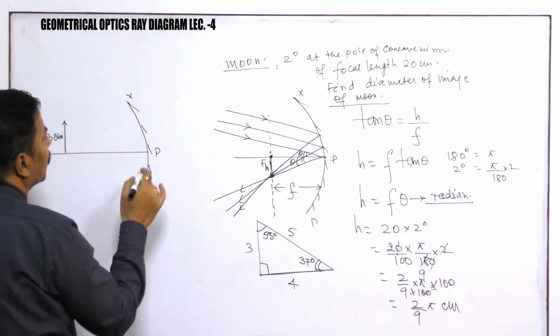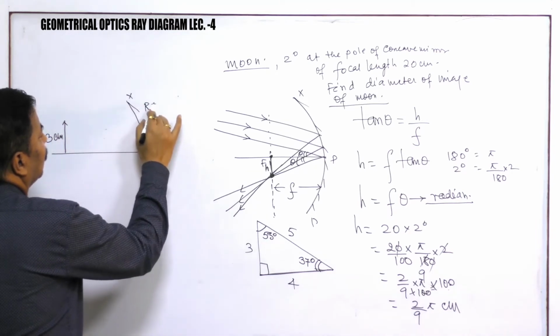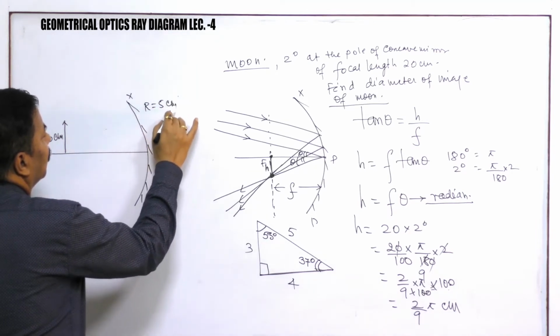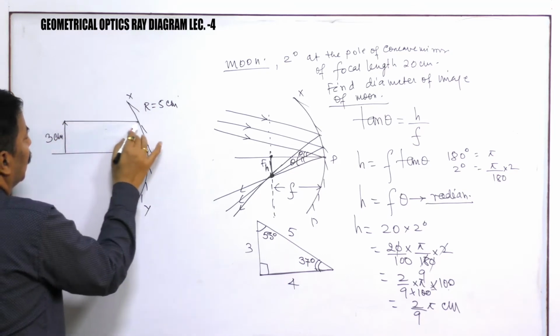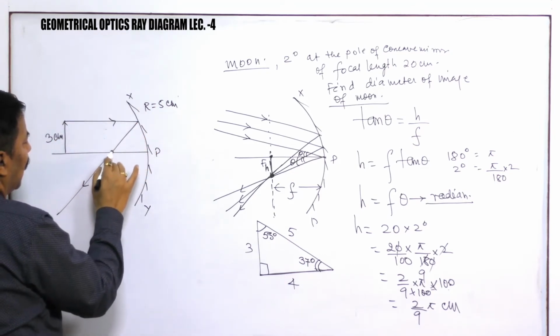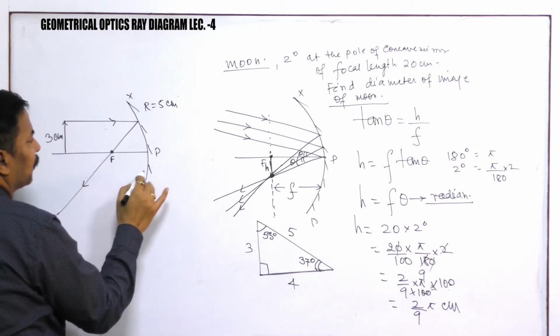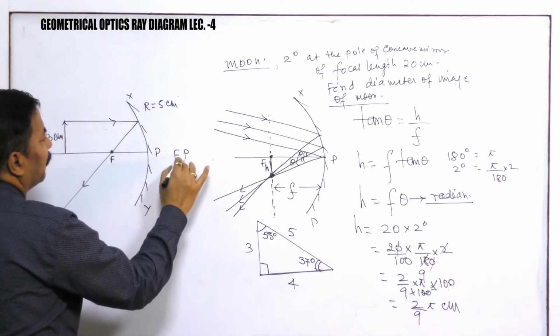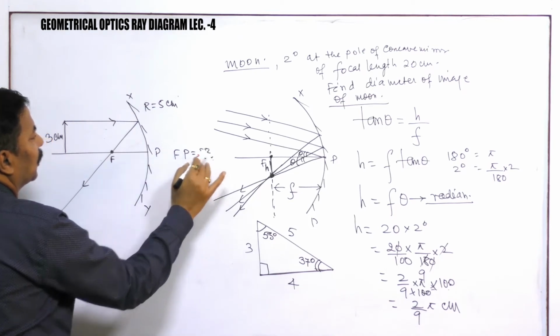Here the radius of curvature is 5 centimeter. This ray is going and it is passing through a point F. You have to say FP is equal to how much.